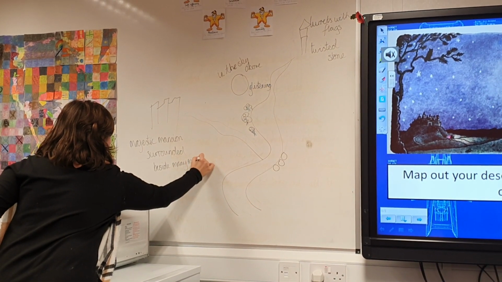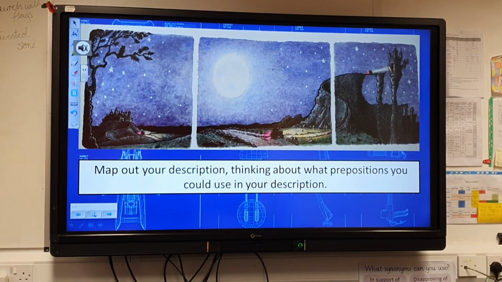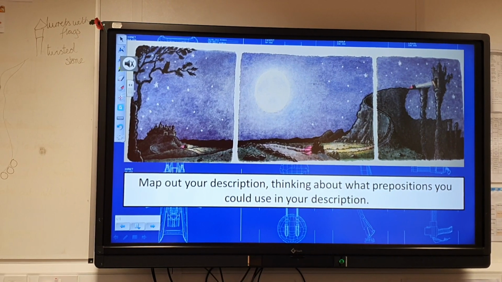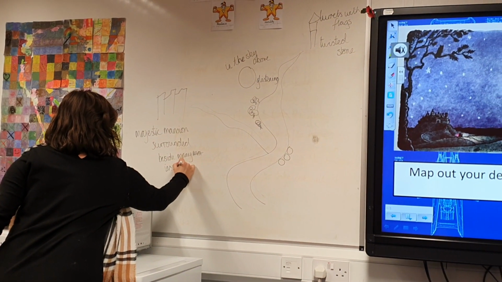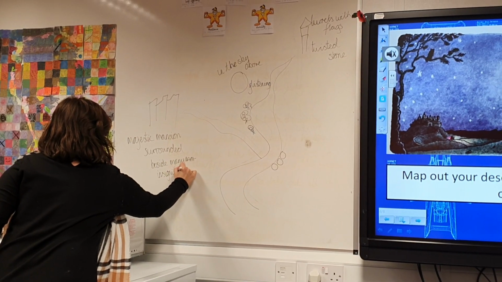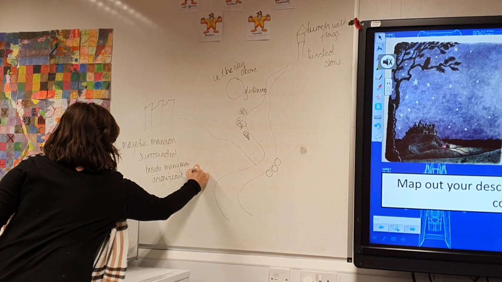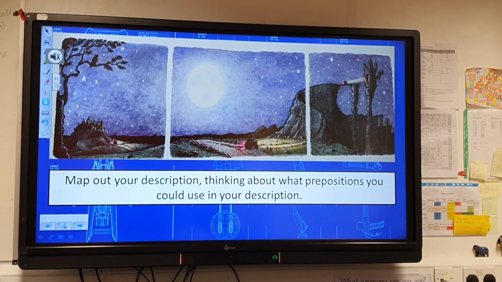I want to say this is really magnificent, so maybe many insignificant houses, they're not as interesting. Insignificant. So I'm just laying out any ideas that come to my mind at the moment about what he would see and where they are. There's prepositions.